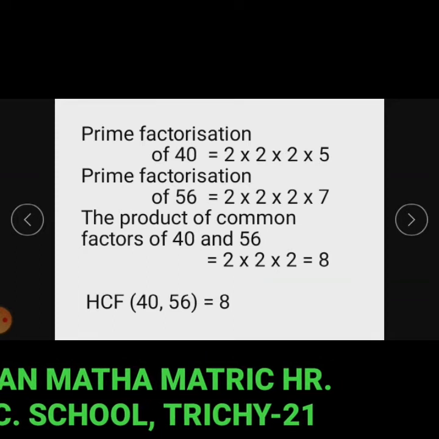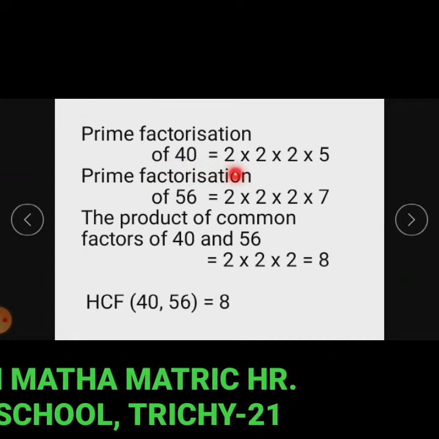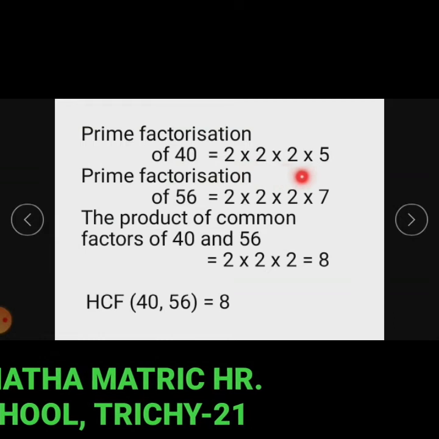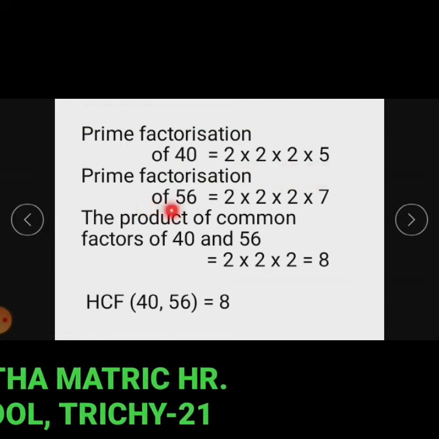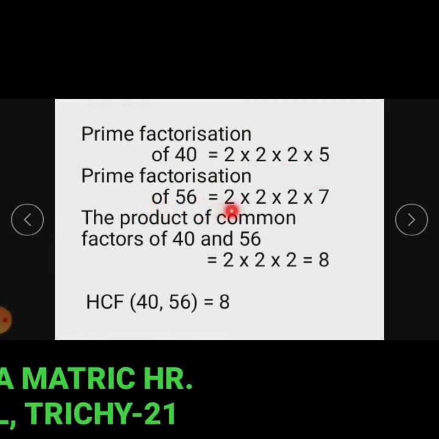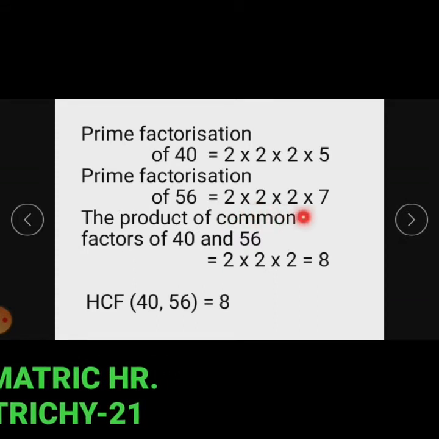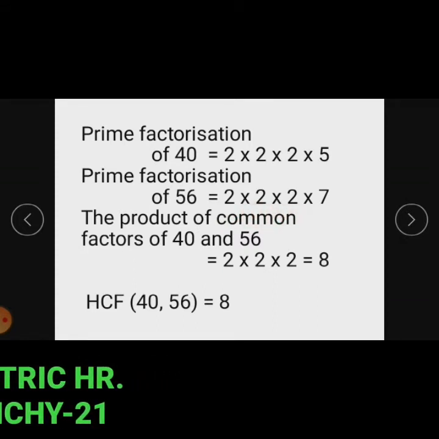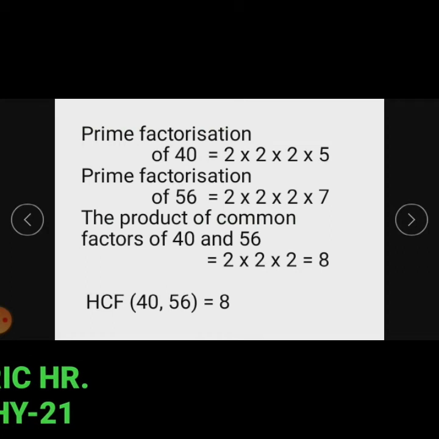Prime factorization of 40 equals 2 into 2 into 2 into 5. Prime factorization of 56 equals 2 into 2 into 2 into 7. The product of common factors of 40 and 56 is equal to 2 into 2 into 2 equals 8.